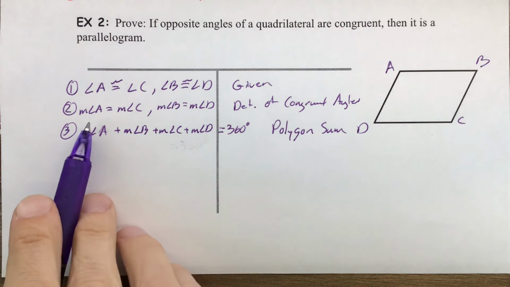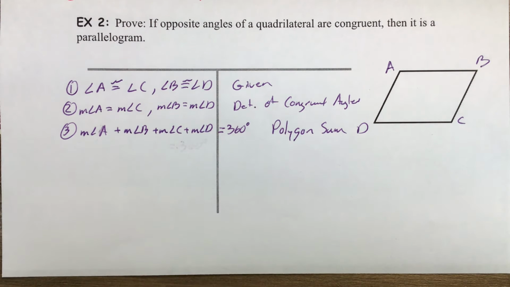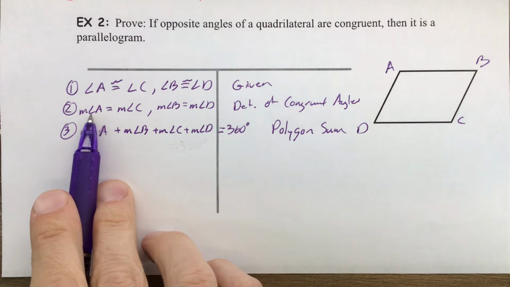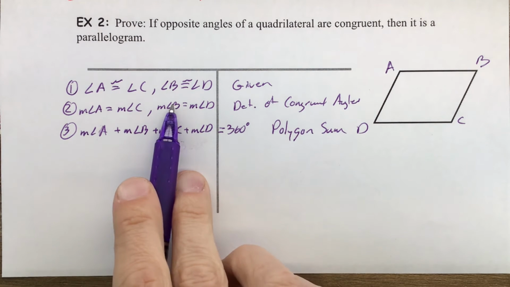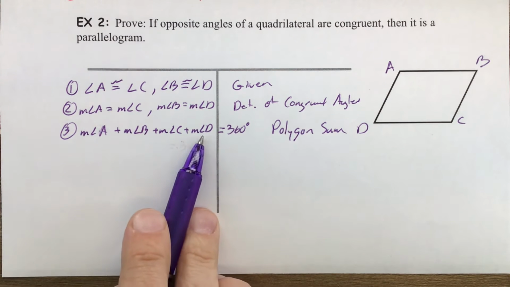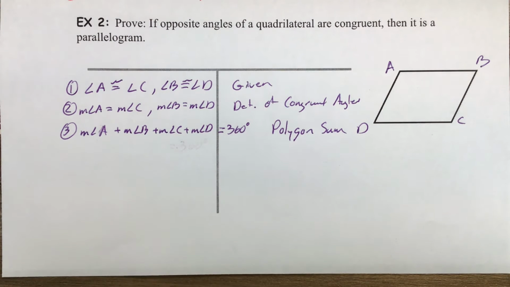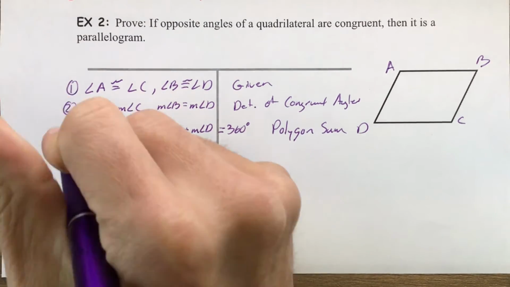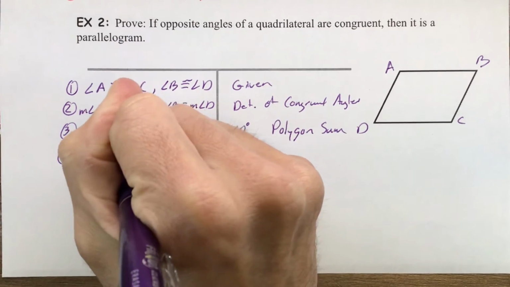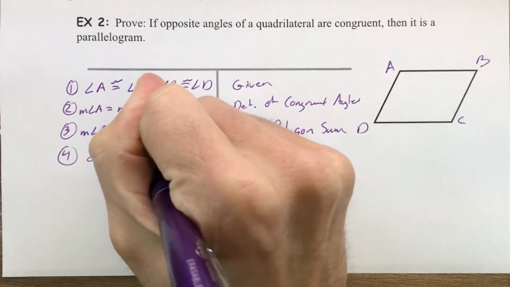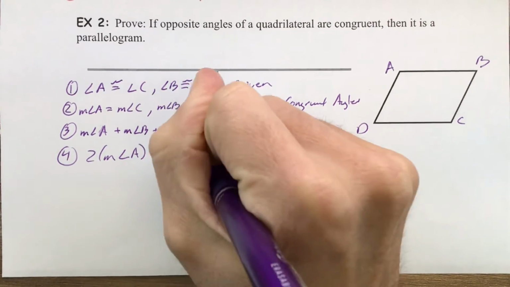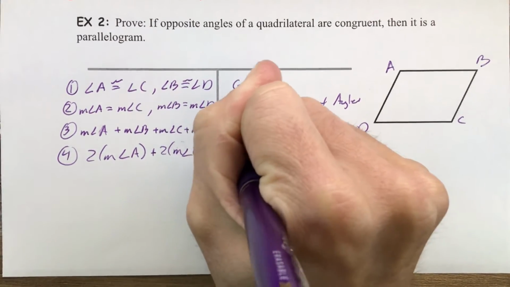And because of what we have up here in line 2, we can use some substitution. Angle C can be substituted with angle A. Angle D can be substituted with angle B, which would give us an A, a B, an A, and a B, equal to 360, which we can all group together as 2 times the measure of angle A plus 2 times the measure of angle B is equal to 360 degrees.